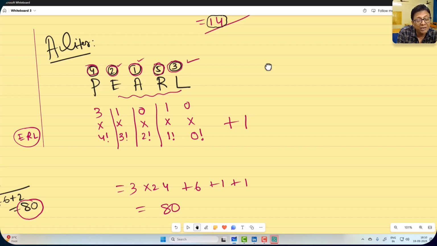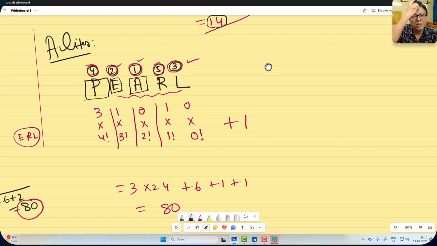So I have written 3 over there. 3 letters have rank less than 4 on the right side of P. Clear? On the right side of E, how many have rank less than 2? That is 1 only. So I have taken 1. Right side of A, how many are there?